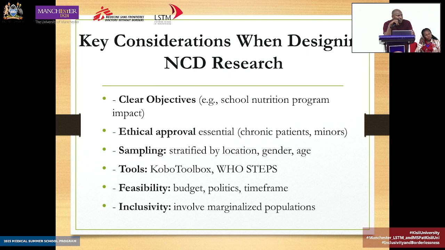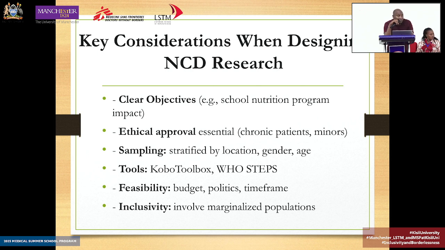Then issues of ethical approvals, essential. So that has to be very clear. Like when you are dealing with minors, there is what we call the assent. The parents or guardians have to assent for you to get data for analysis.